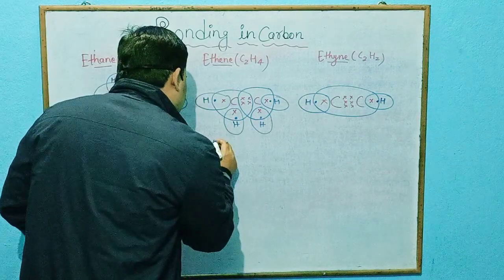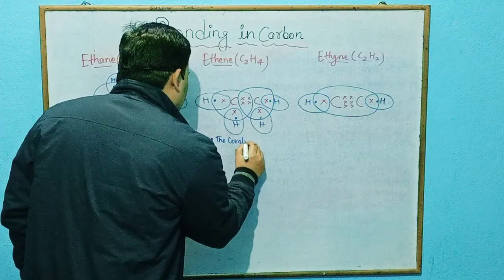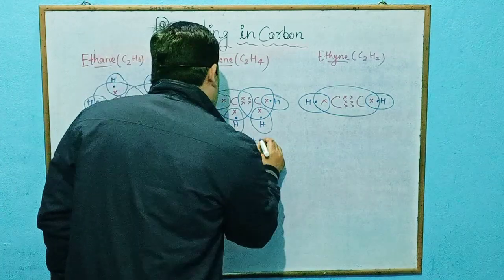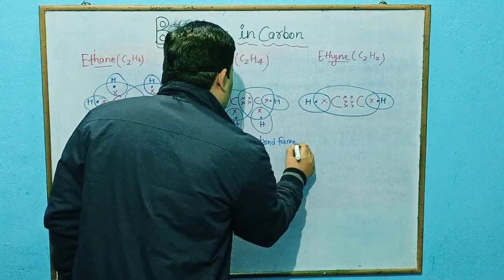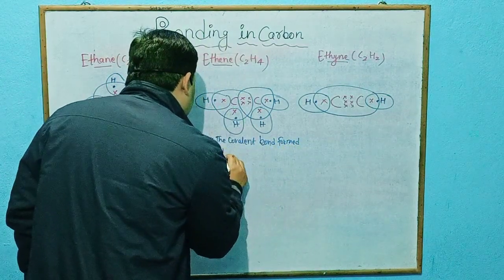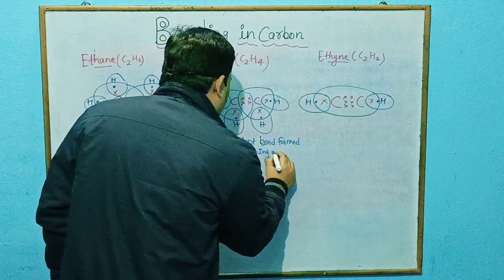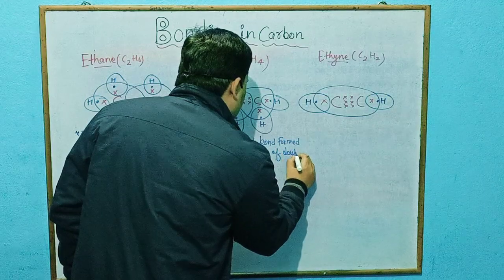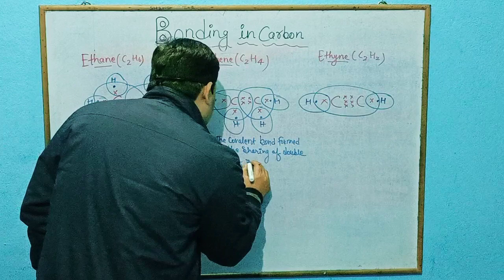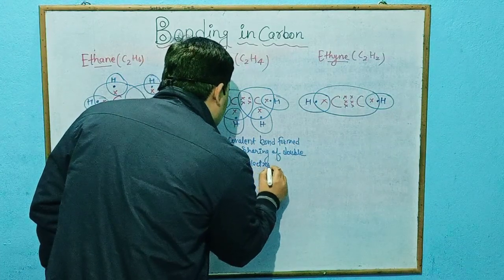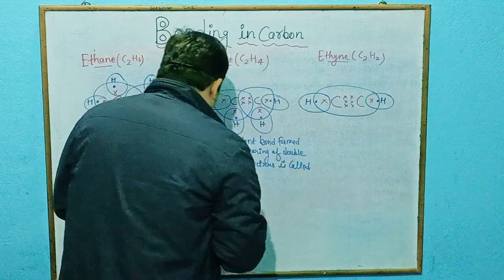The covalent bond formed by the sharing of a double pair of electrons is called a double covalent bond.